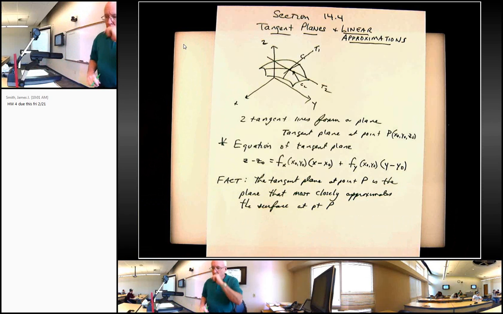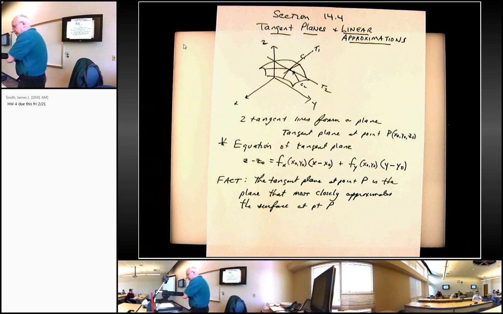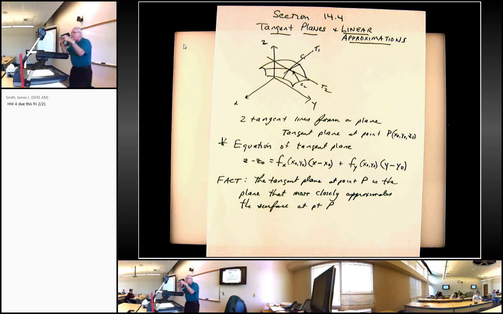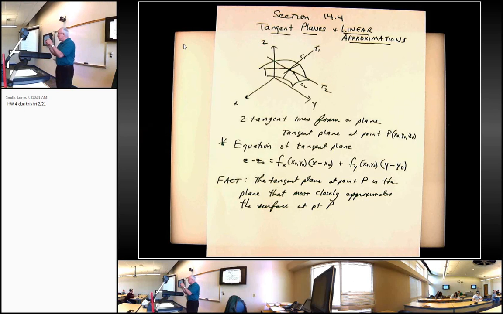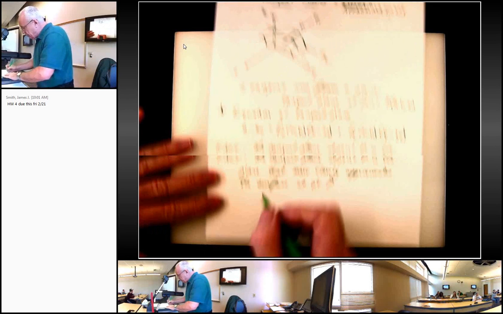So what we're going to be able to do then is, since this tangent plane is so close to the actual surface, for values that are close to that P, we can use the equation of the tangent plane to obtain approximations of the function value, all right, because it's close. So let me put this here.